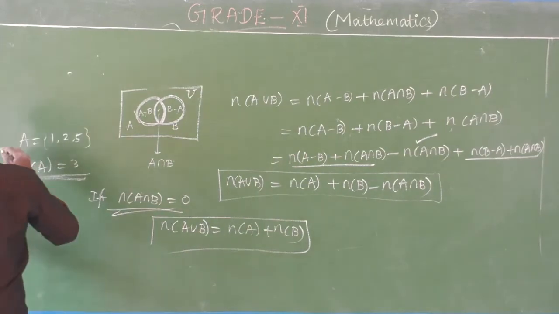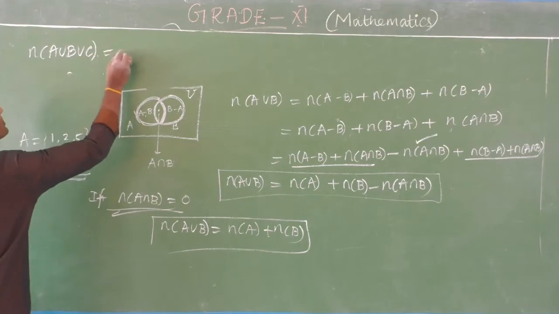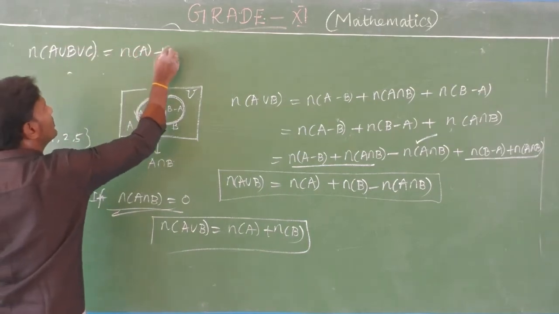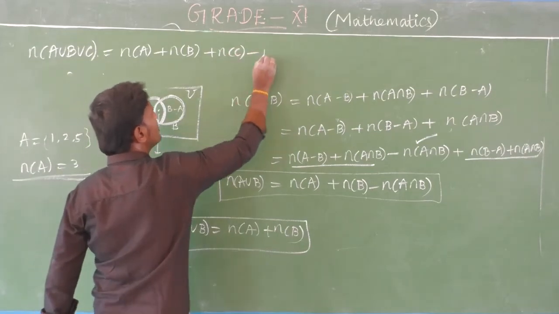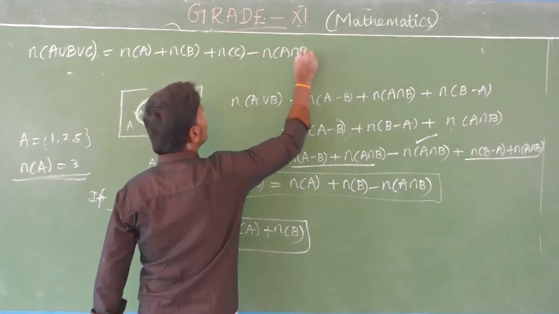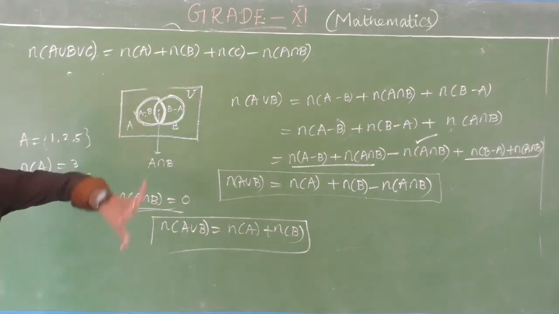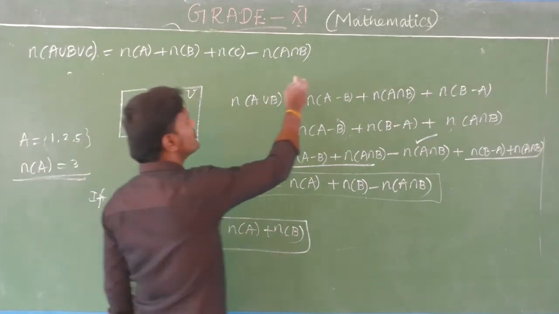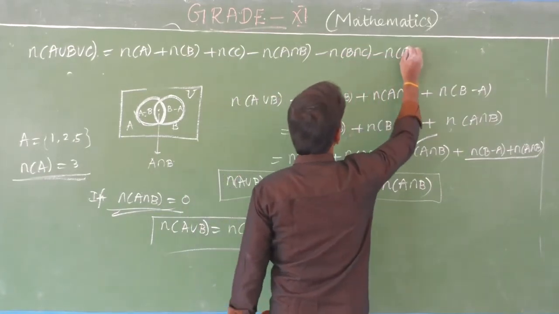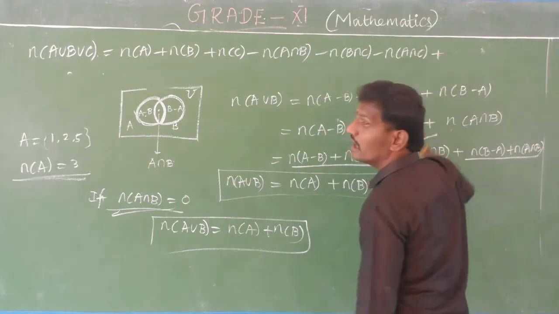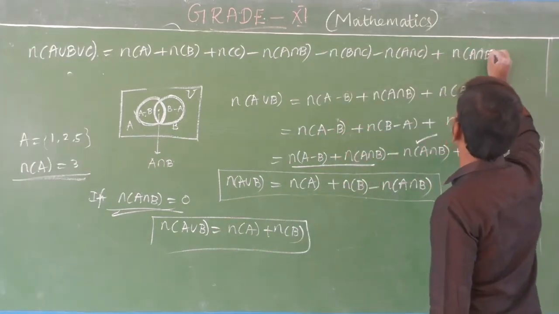So n of a union b union c is equal to n of a plus n of b plus n of c minus n of a intersection b minus n of b intersection c minus n of a intersection c plus finally n of a intersection b intersection c.